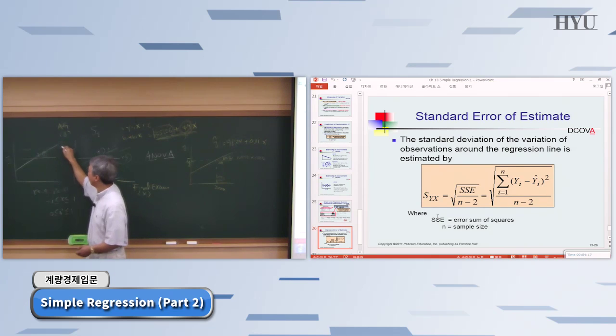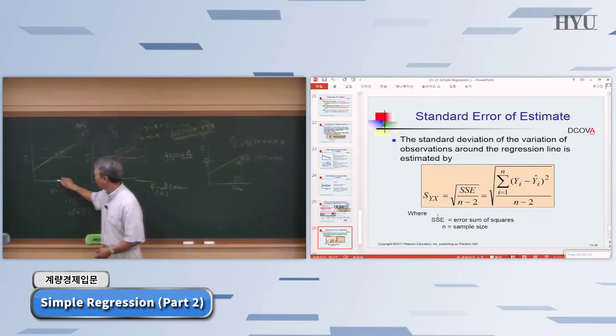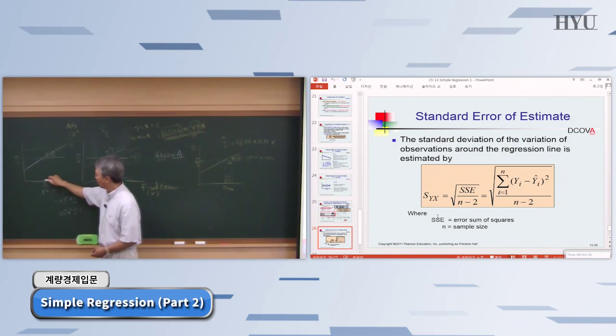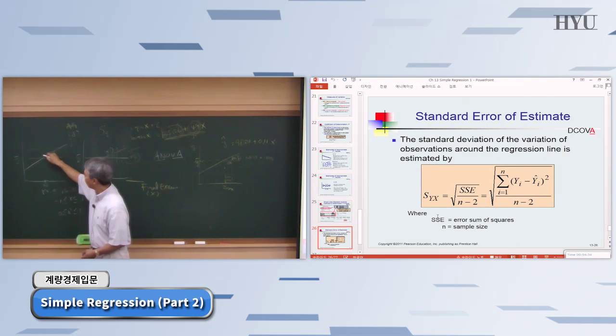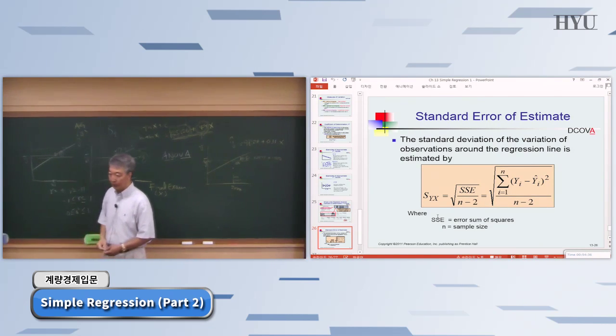Again, this is the regression line, and that's our prediction line, so to speak, because whatever x value you have, you're going to plug that value into this regression equation, which means your predicted value will be right there.